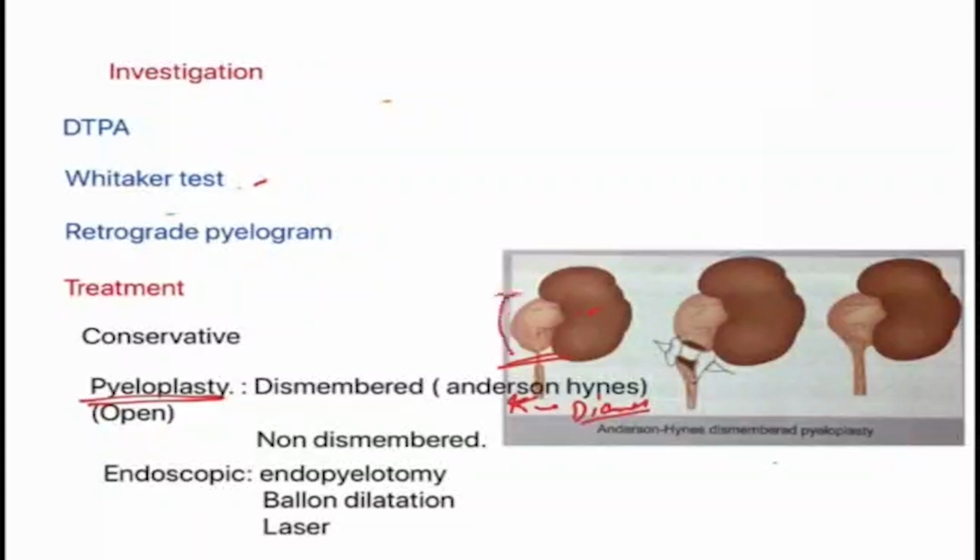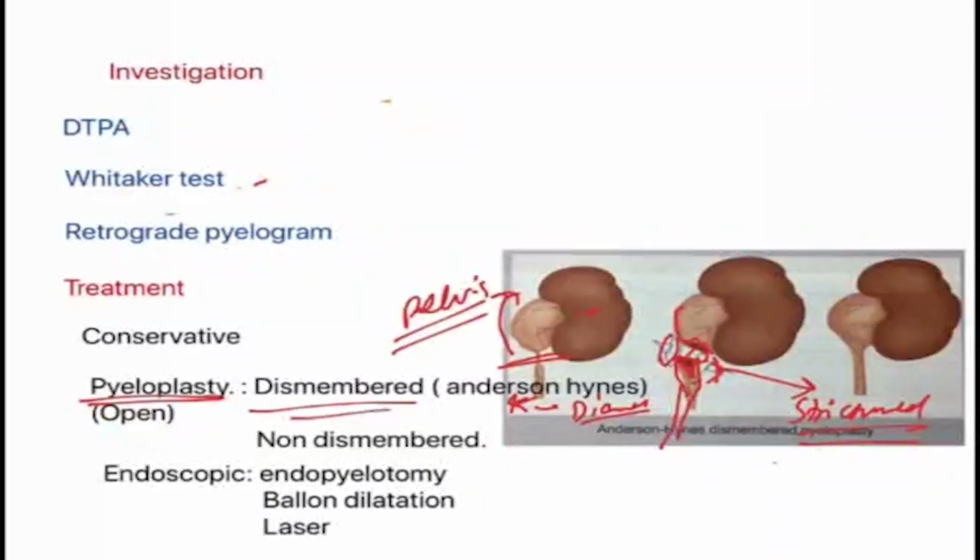In pyeloplasty, due to PUJ obstruction the diameters of the ureter, distal and proximal pelvis are different. So in dismembered pyeloplasty, the strictured or defective segment is removed and a spatula is made in the ureter and the anastomosis is done.